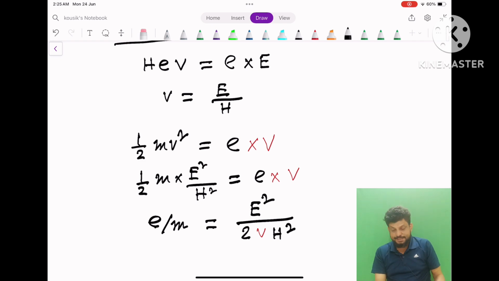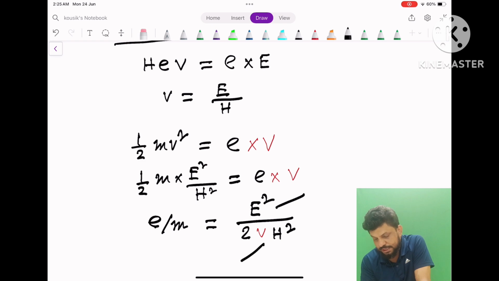Now look at this expression. There is no R in it; R is removed. So what do we need to know? The electric field strength, the voltage between cathode and anode, and the magnetic field strength. From this we can easily work out the value of e by m.